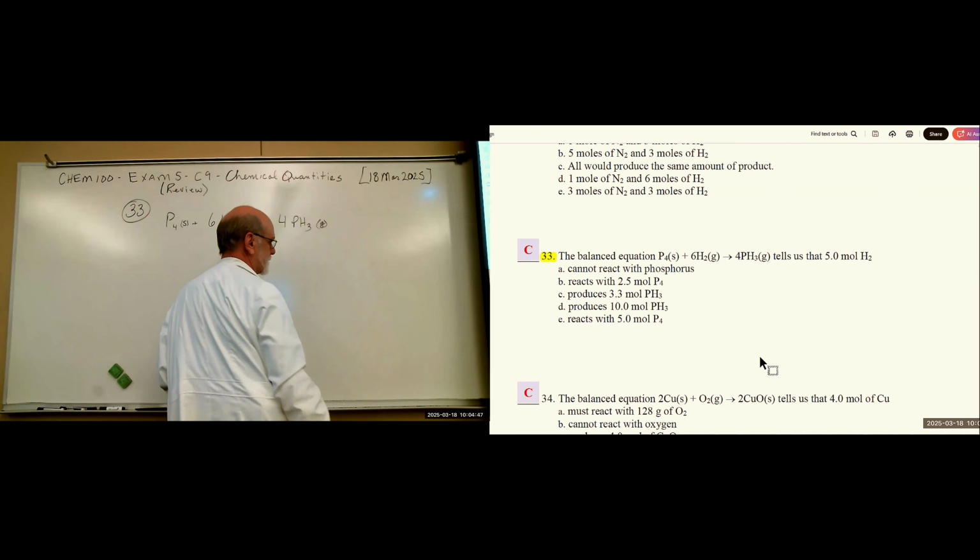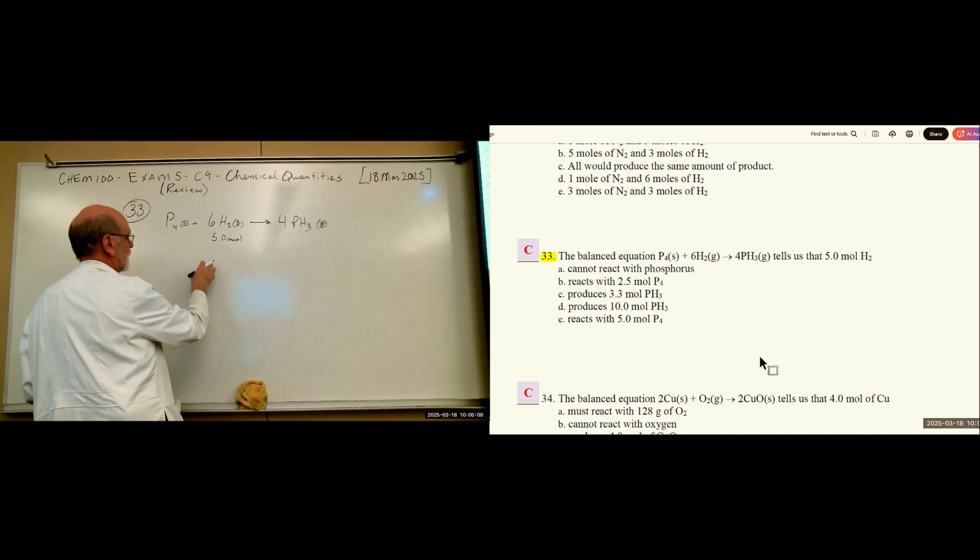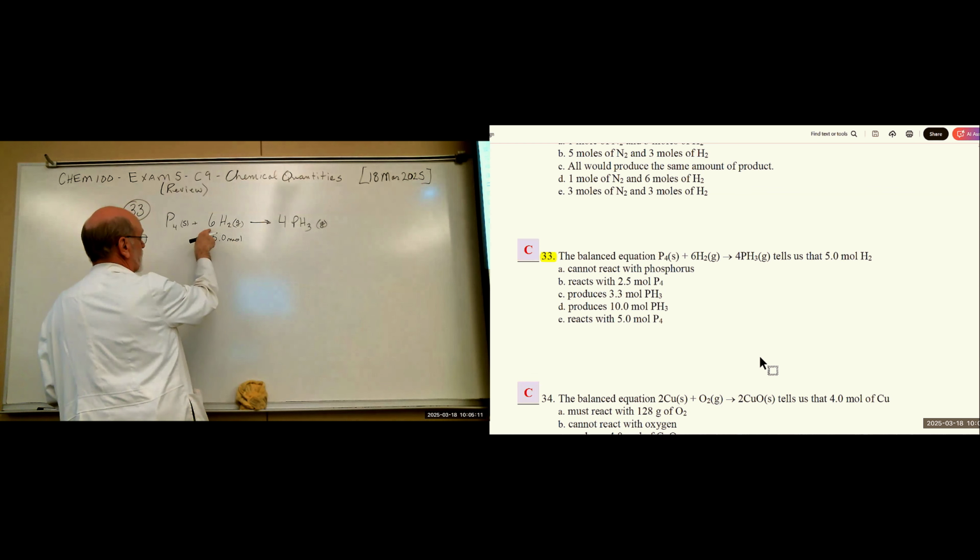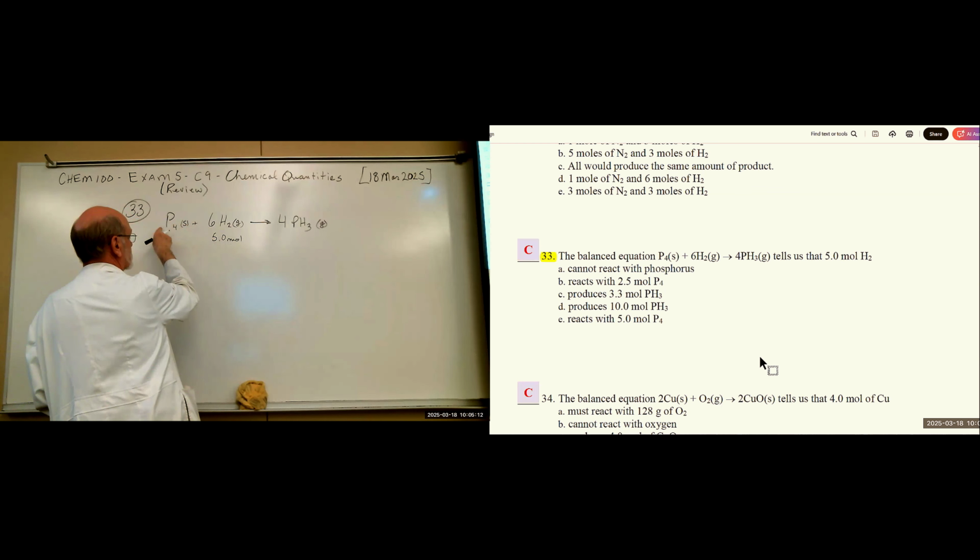Okay. Well, the first one reacts with 2.5 moles of P4. Let's see. A cannot. B, D, and E. So for this one, 5 moles would do what?